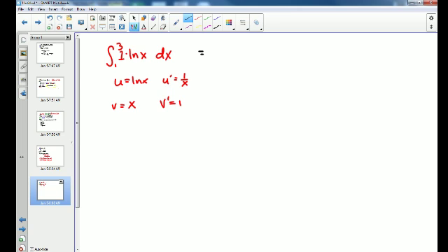So, don't forget your limits of integration.